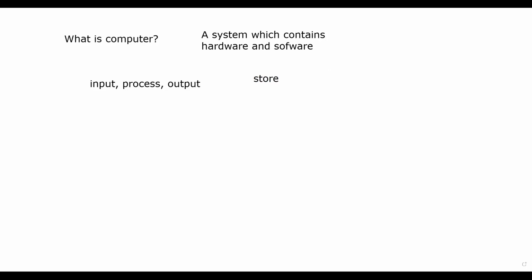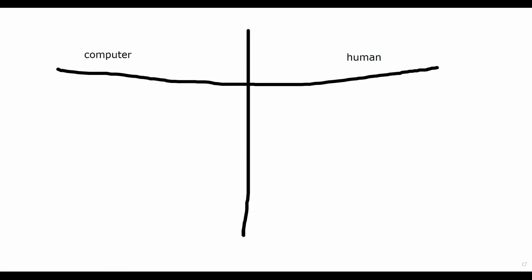Right. Now let's look at the difference between computers and humans. Let's say we have a computer and then we have humans. Sometimes we use computers instead of humans. Why? The question is, what is the difference between computers and humans?